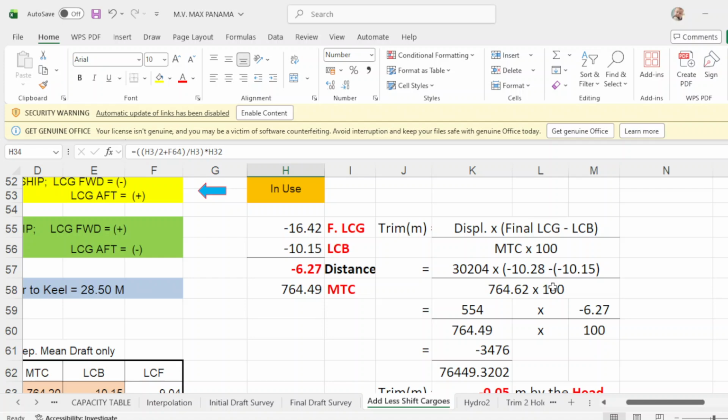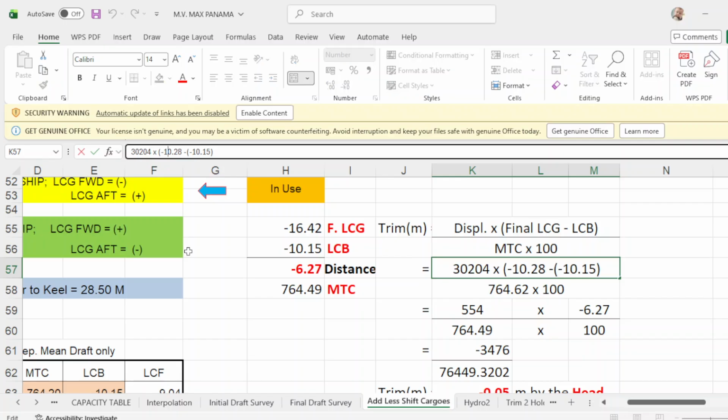Final LCG is 1642. Okay, final LCG 1642. And your LCB is 1015. Okay.